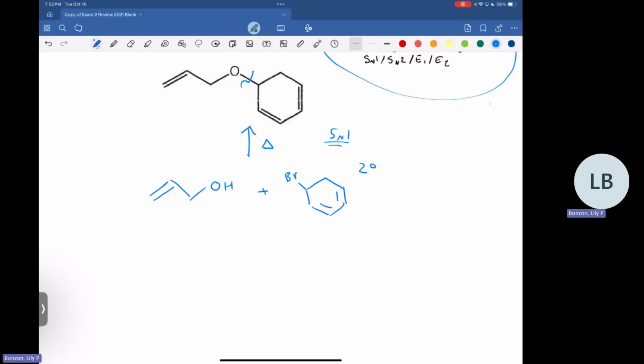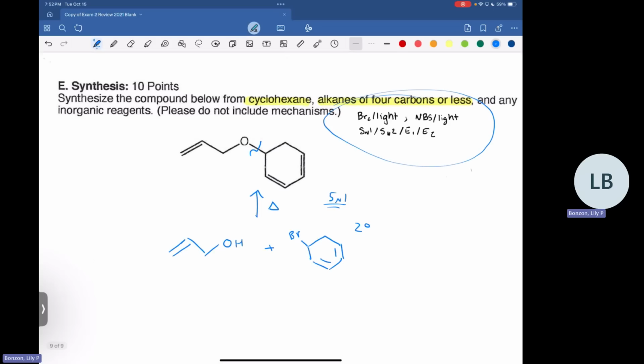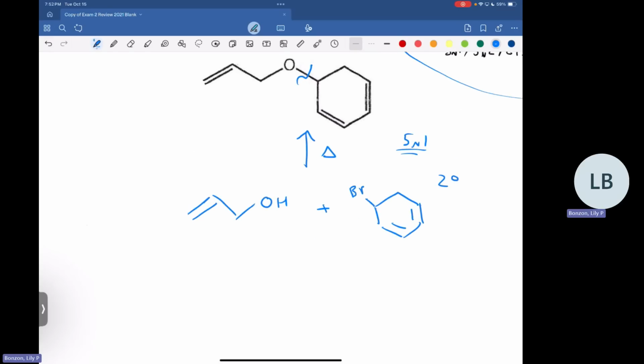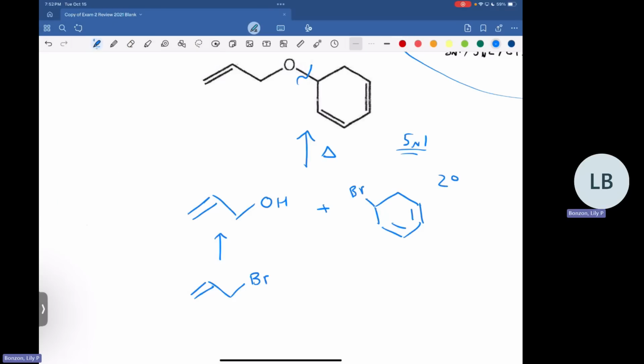So then from here, we have to keep working these back until we get to either cyclohexane or the 4-carbon alkane. So I'm just going to start with the one on the left. So this is going to be just another substitution reaction. So for substitution reactions, we need our halide.